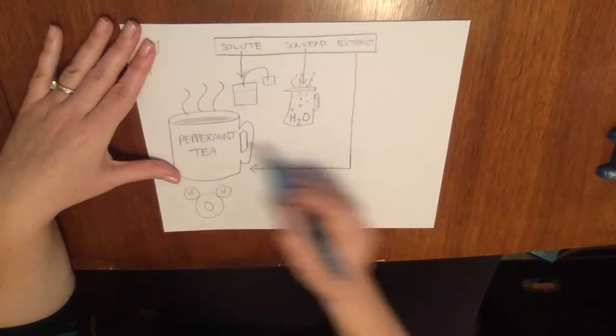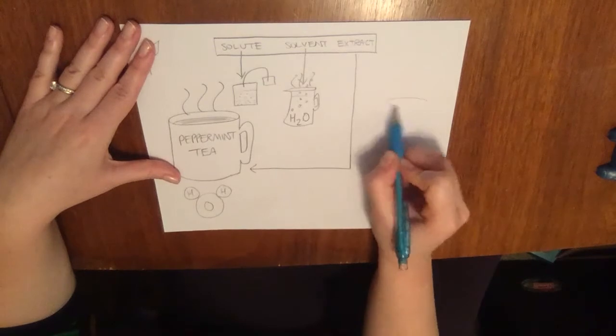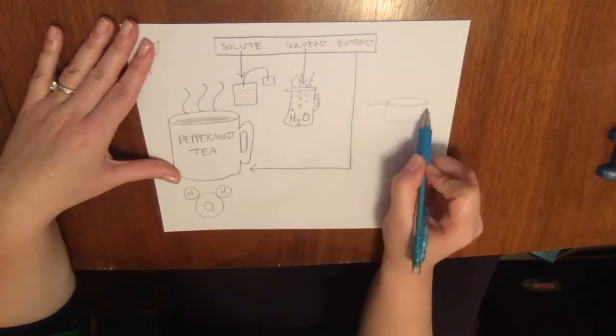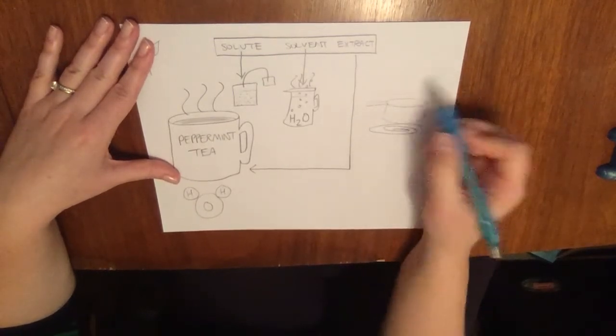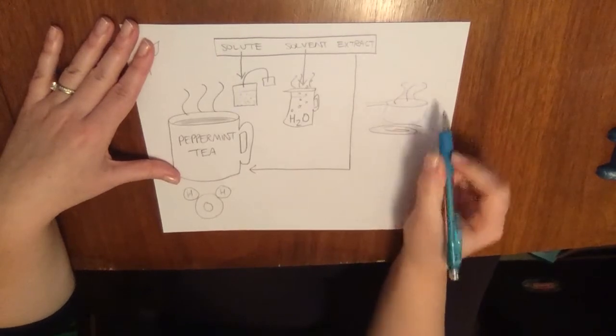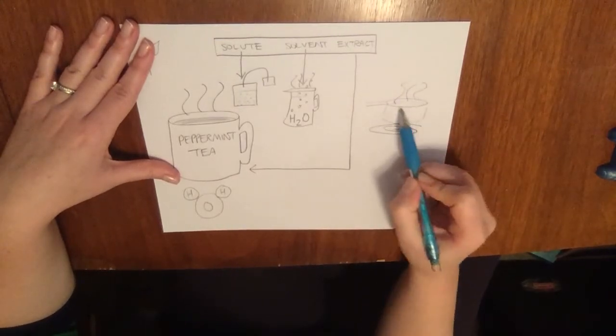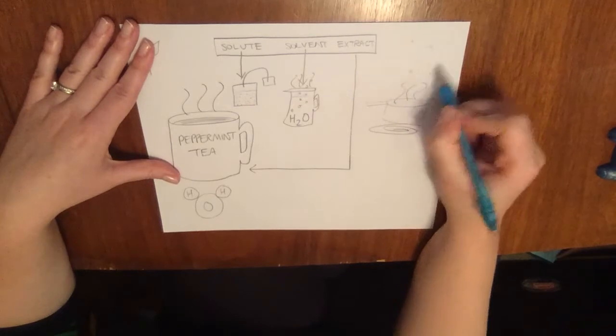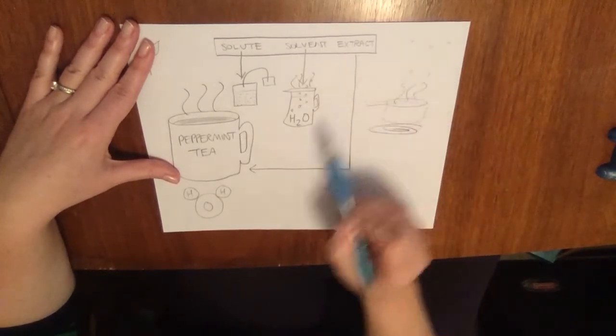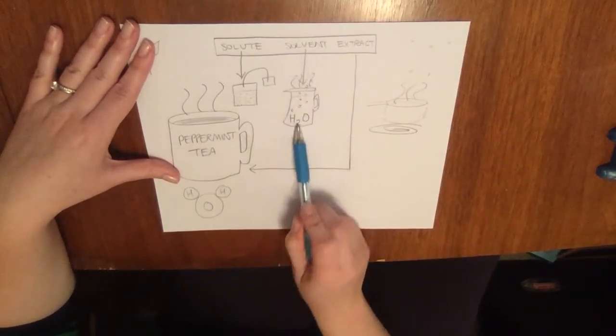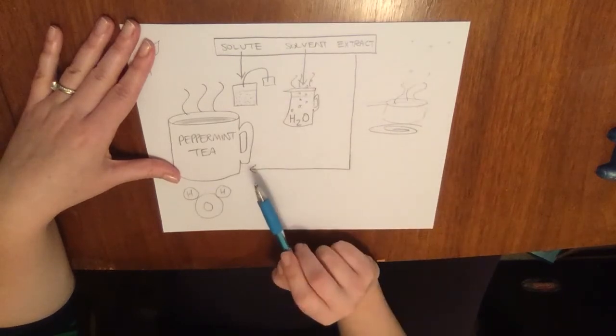I would dump my mug of tea into a pot that I put on the stove, right? And then I would start to boil that tea until all of the water had evaporated. So all the water goes away. The solvent goes away. And what's left behind?